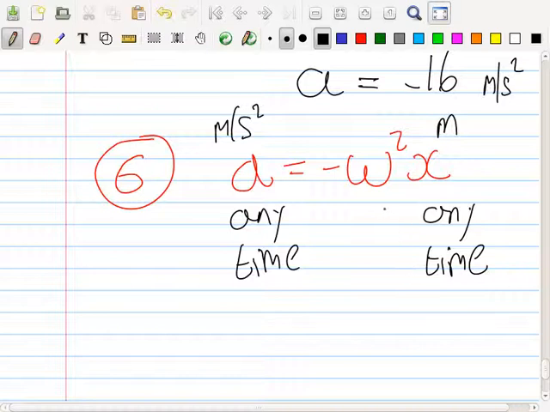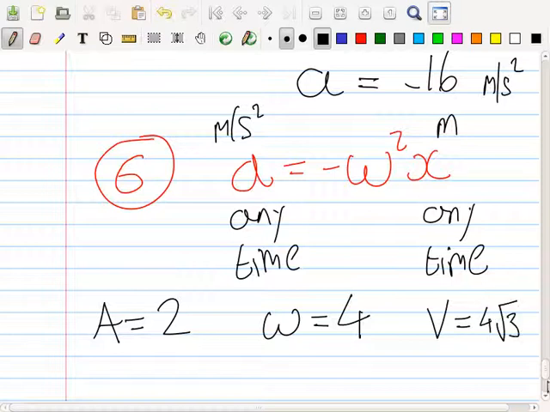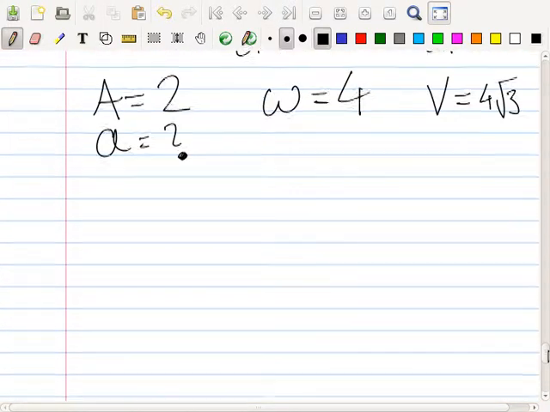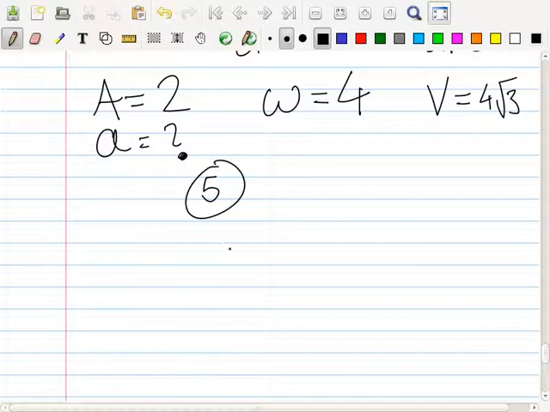Now, to show you this formula, I want to do the last question again, but using this formula instead. What do we know? We know that A equals 2, omega equals 4, and V equals 4 root 3. And I want the A again, but using a different formula. We have to get X, so formula number 5 and number 6.